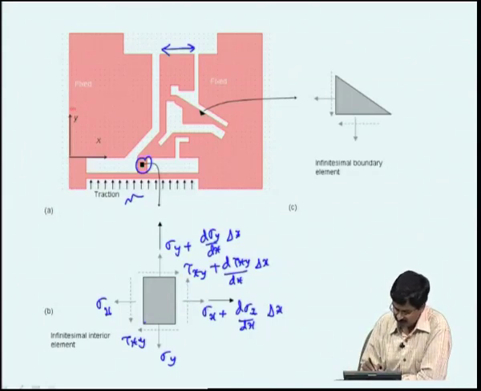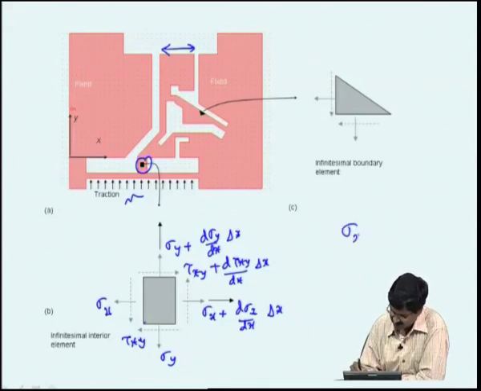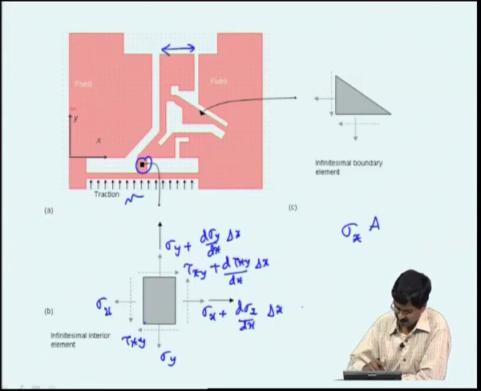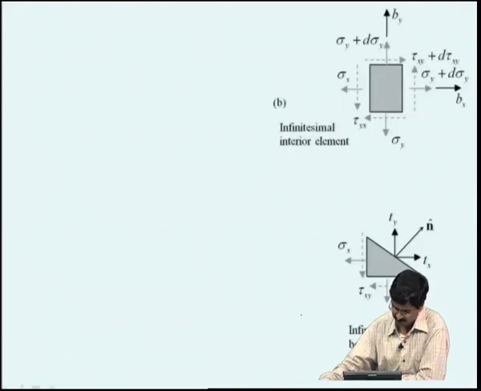Okay. If you take all that and do the force balance, because these are stresses, we can multiply by area. So, sigma x I multiply by area, and on the other side I multiply sigma x plus this by area, and if I sum the force in the x direction and y direction and do the moment, then I get the equations which become our equations of equilibrium for this element.